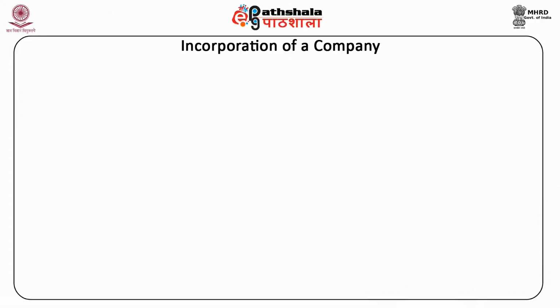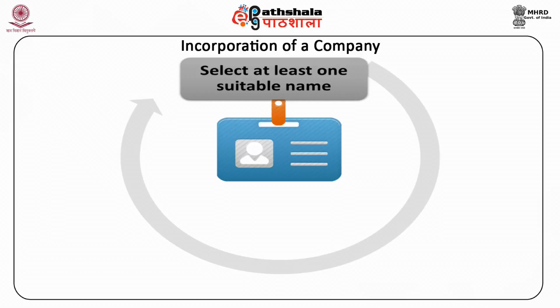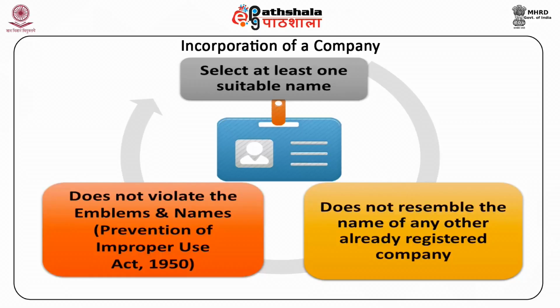Steps to be taken to incorporate a new company are: the first step is to select, in order of preference, at least one suitable name up to a maximum of 6 names indicative of the main objects of the company, and thereafter ensure that the name does not resemble the name of any other already registered company and also does not violate the provisions of the Emblems and Names (Prevention of Improper Use) Act 1956, by availing the services of checking name availability on the portal.